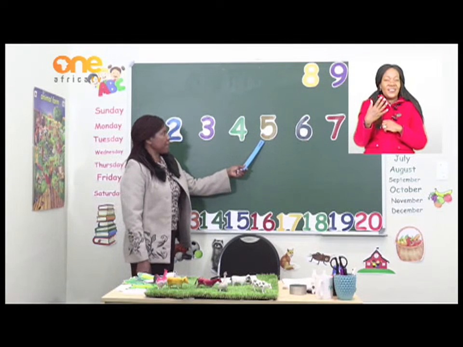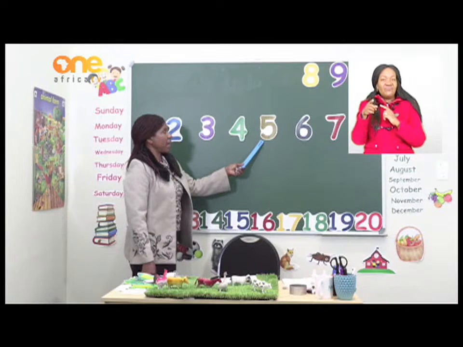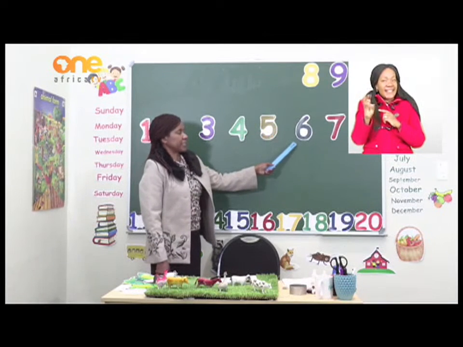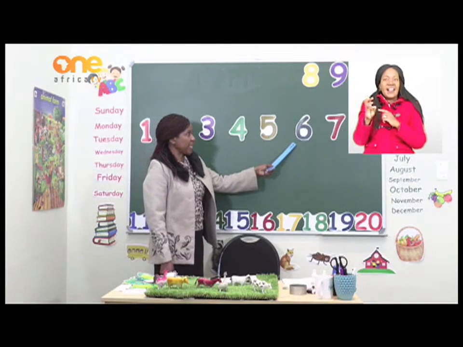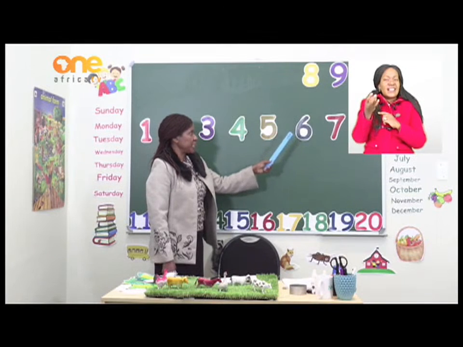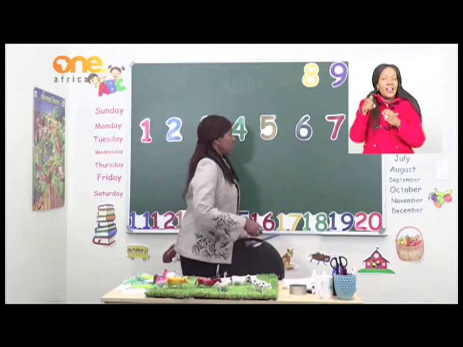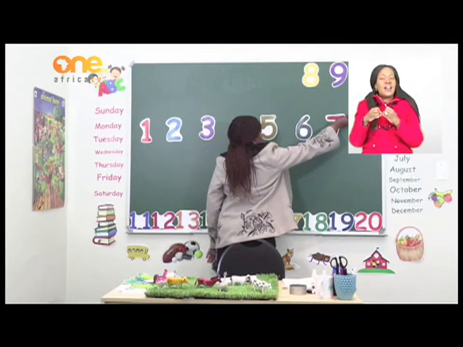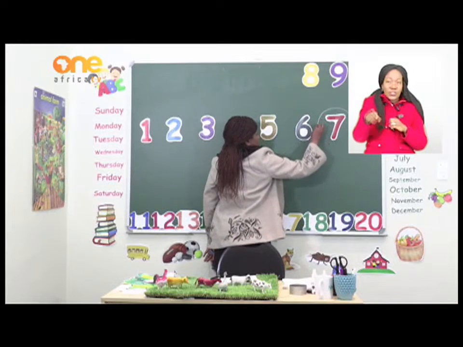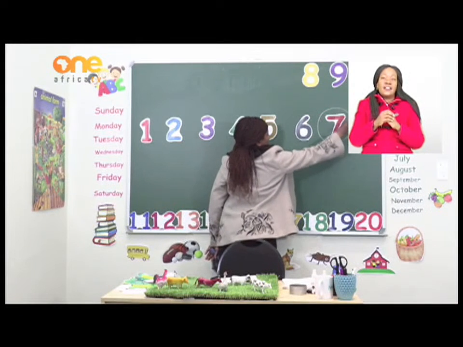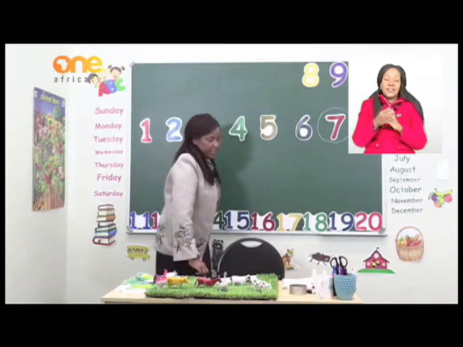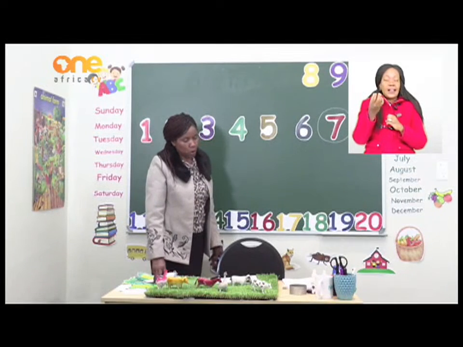The following number after 5 is 6. Now, where is number 7? Number 7 is right at the end. Now, you need to circle number 7 because we have 7 bees in the first row.